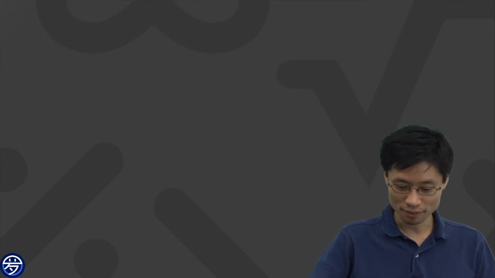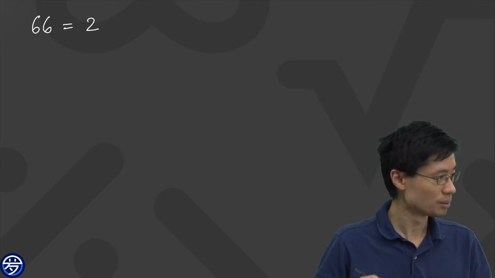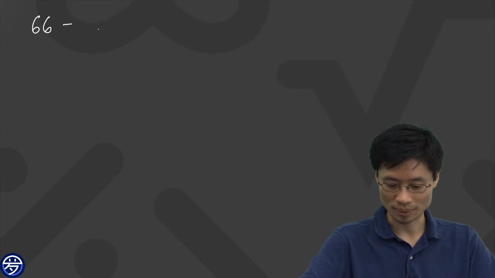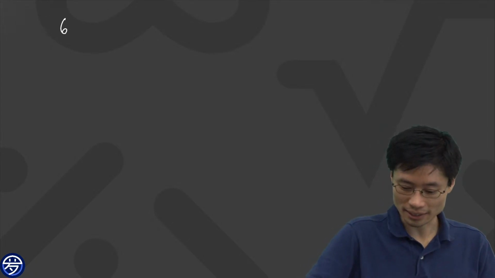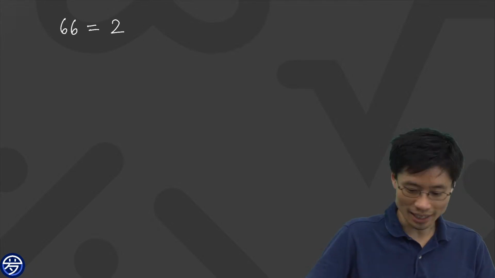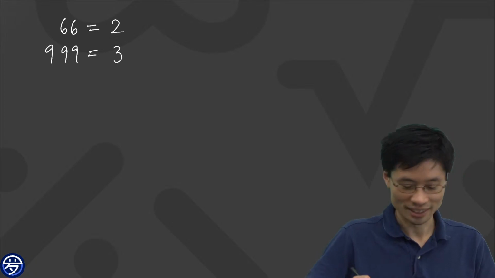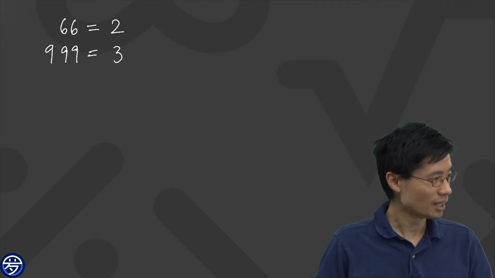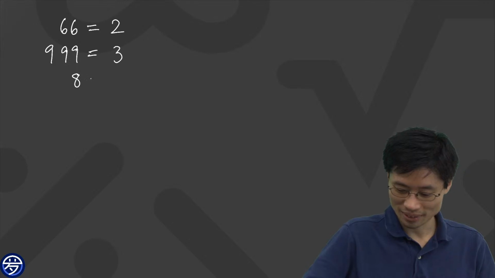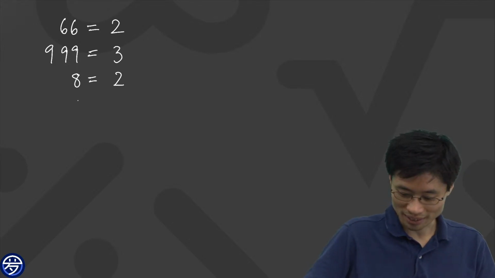Moonwatcher123. If 66 equals 2. Oh, the numbers are getting longer, so I'm going to give some more space. 66 equals 2. 999 equals 3. 8 equals 2. What a weird world we live in. 0 equals 1.